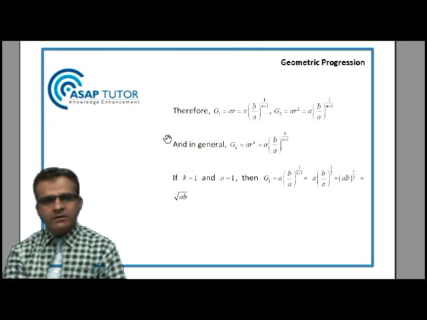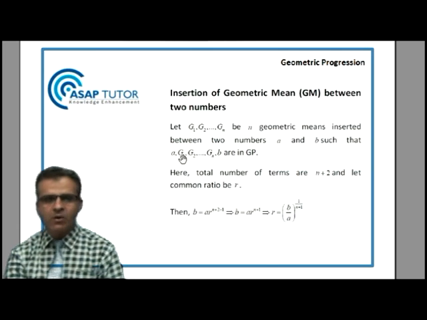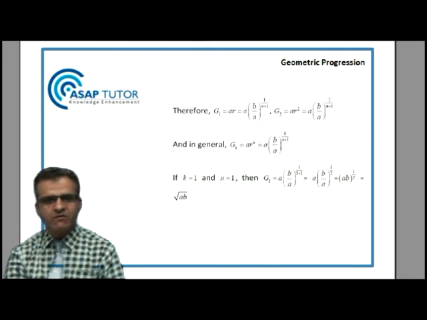So we can use that formula to find the geometric means. G1 will be equal to ar because G1 is the second term of the GP, G2 is the third term of the GP, so we can find the values of G1, G2 and so on.